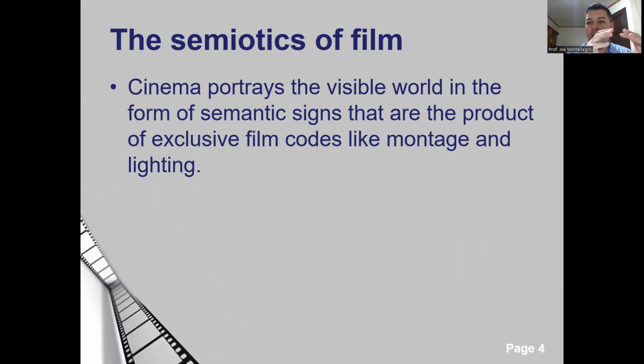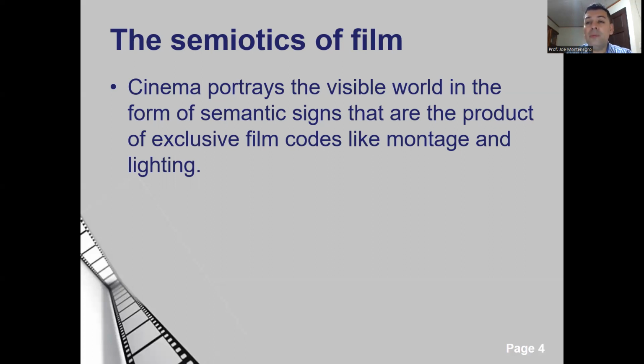Montage, for example, is how the scenes are put together, how they're structured and organized one after the other. Lighting, of course, is the use of light, darkness, shades. These are just a few examples of the codes that cinema uses to communicate meaning.